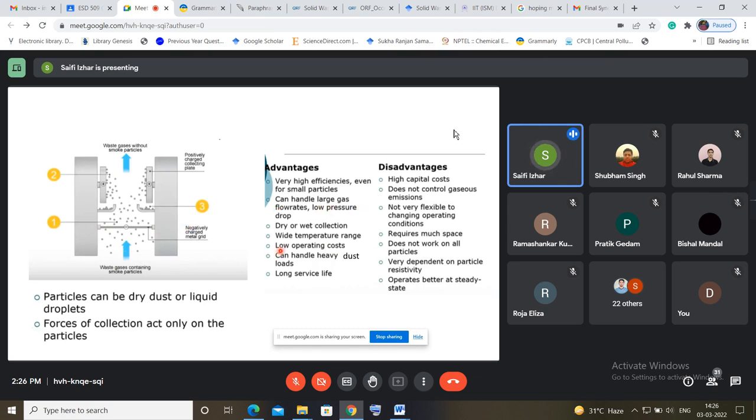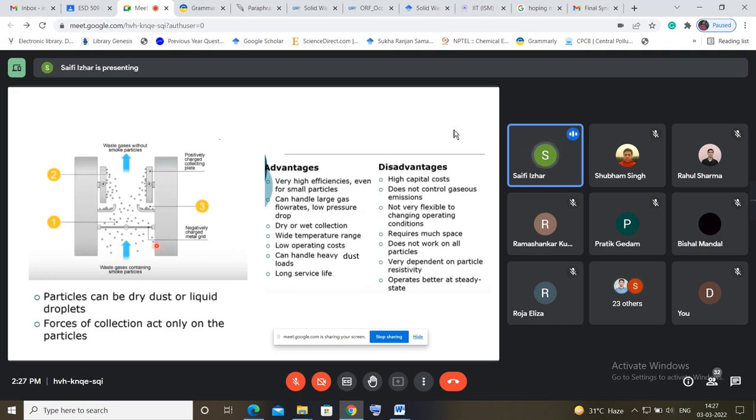It can also handle heavy dust load because it is very efficient and works with electrostatic charge, so it can handle significant particulate concentration and it has longer duration. However, the disadvantage is the initial installation cost is higher. The capital cost is very high when the installation goes on.